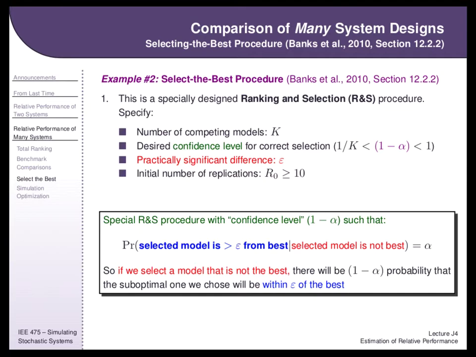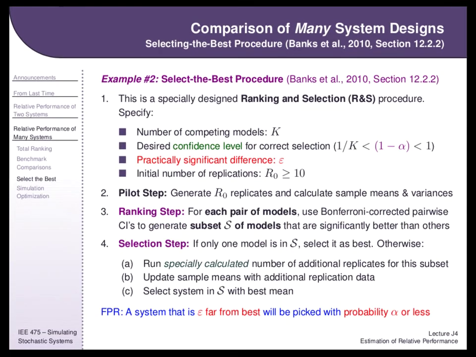That's the way this test is defined. And the way it runs, I won't go through all the steps here, and you can read more about this in the book, they run a little pilot study with their 10 replications of each. They do a ranking step, which basically does a Bonferroni corrected pairwise comparison of all of those.